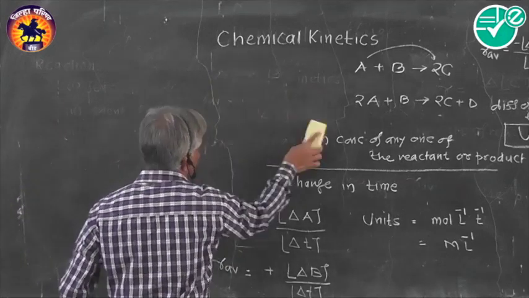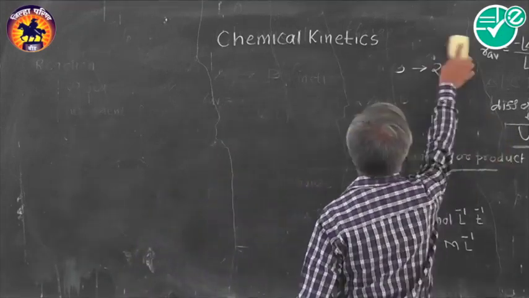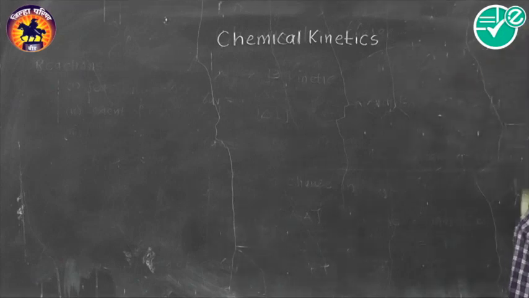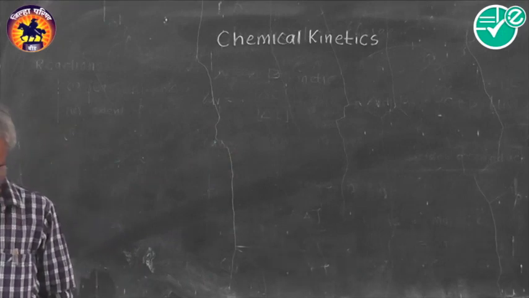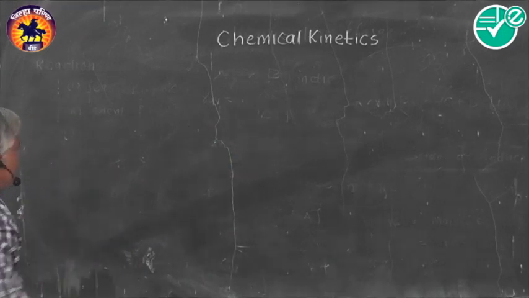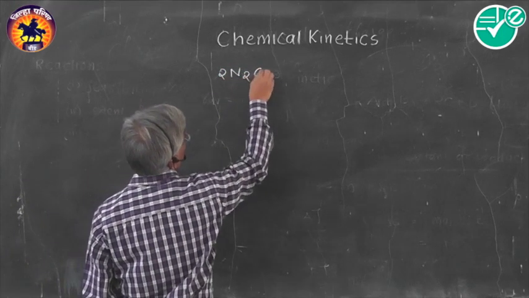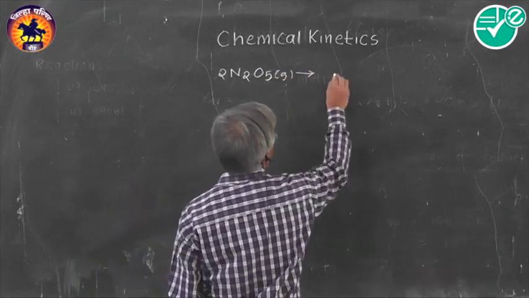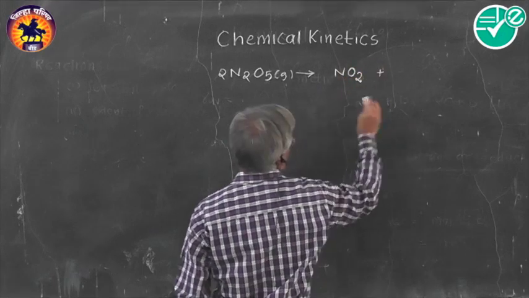Let us take one more example. Let us take the example of 2 moles of nitrogen pentoxide in gaseous state getting decomposed into NO2 plus O2.